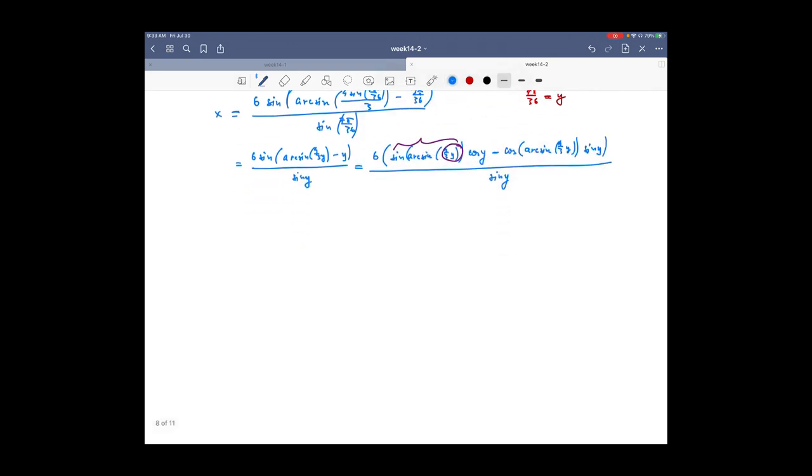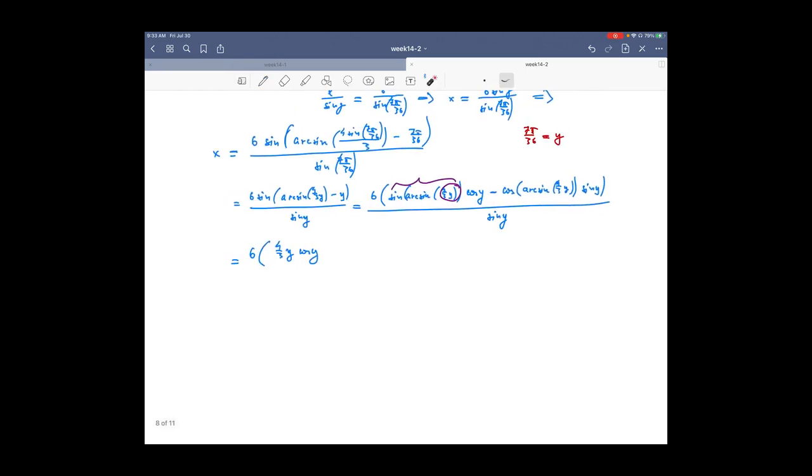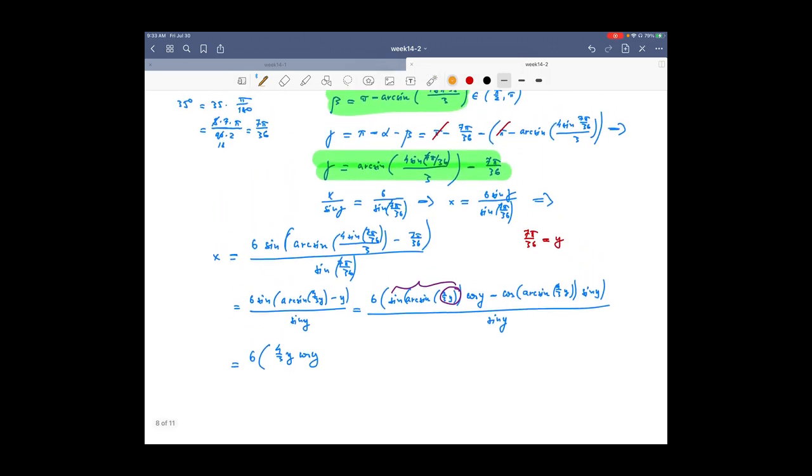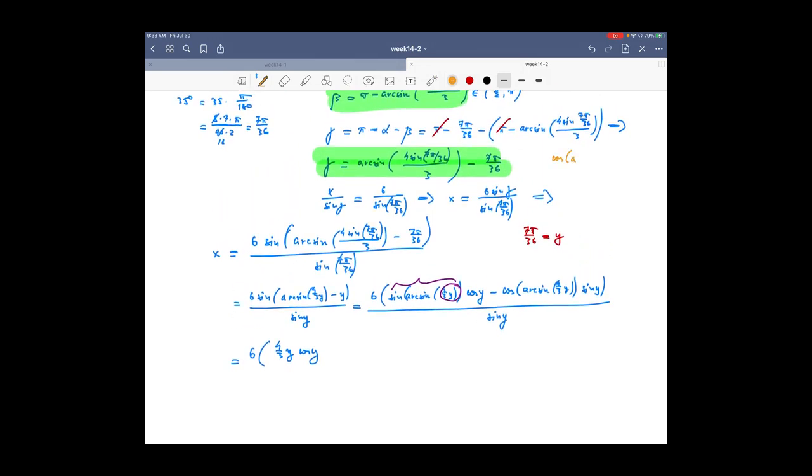So we get 6 times 4/3 y times cosine y. Now, how do we simplify this? Cosine of arcsine. We did this in the past. Cosine of arcsine of some alpha, I can write cosine as plus minus square root of 1 minus sine squared.